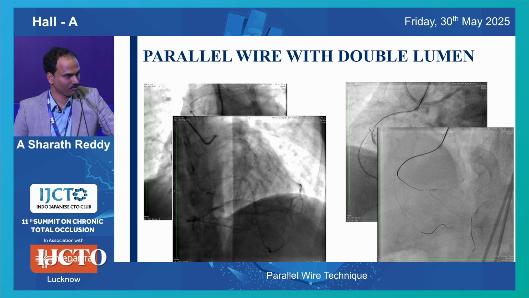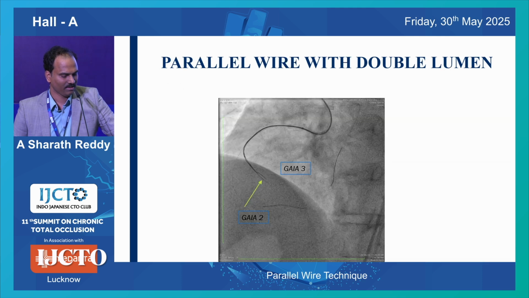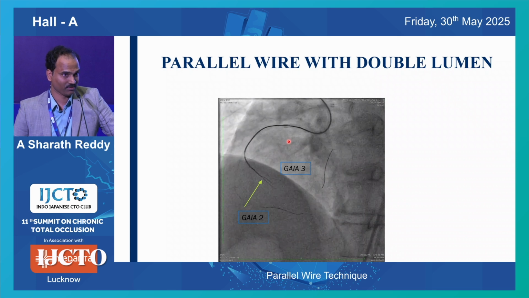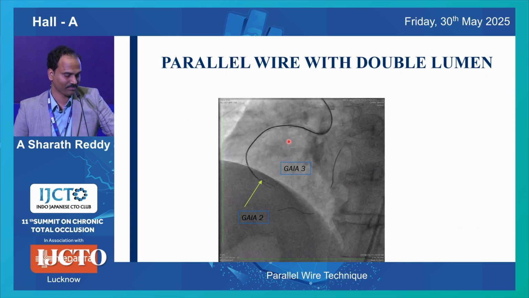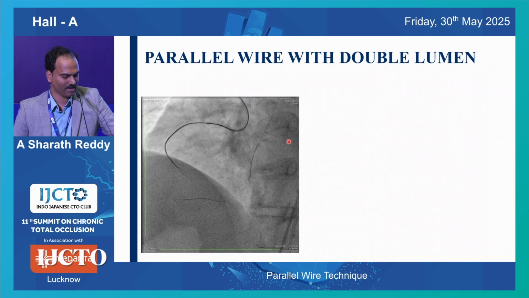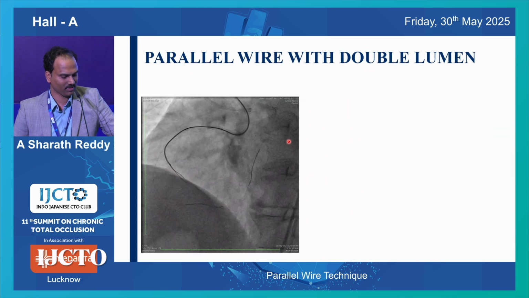You can see Gaia 2 is in subintima. Then I took a parallel wire with a dual-lumen catheter and escalated to Gaia 3. But we shouldn't think we'll always be successful with the next wire. Sometimes you may not be successful despite the good roadmap you have with the first wire. That is what happened here.